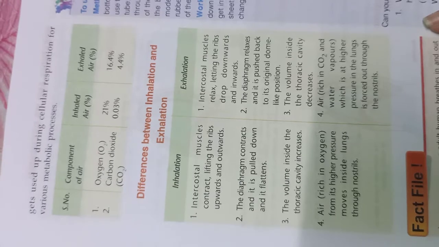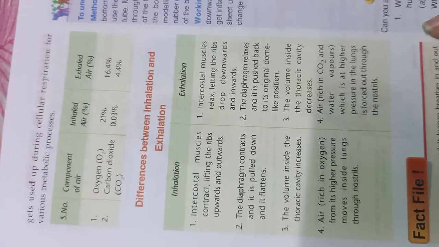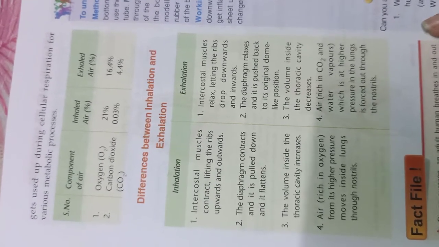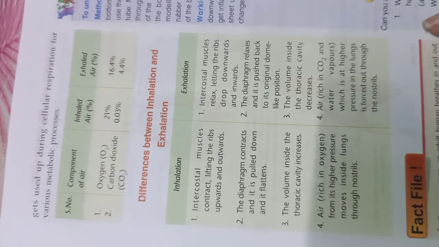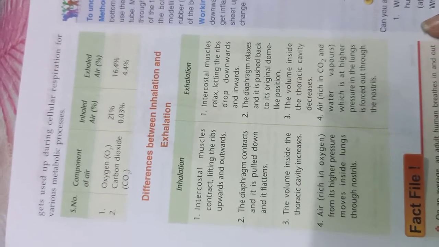Second, the diaphragm contracts and is pulled down and it flattens. Now when we inhale, the diaphragm contracts and is pulled down and becomes flat. For exhalation, the diaphragm relaxes and is pushed back to its original dome-like position.